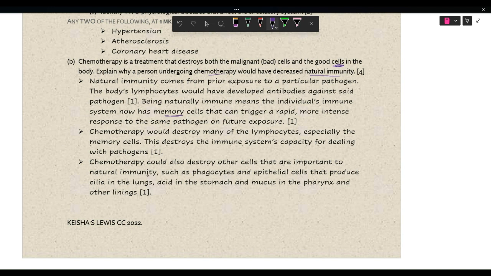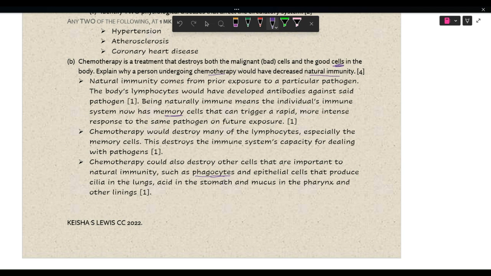And then you also have other types of cells that are also part of your immune system, things like your phagocytes, which go around eating up these pathogens.